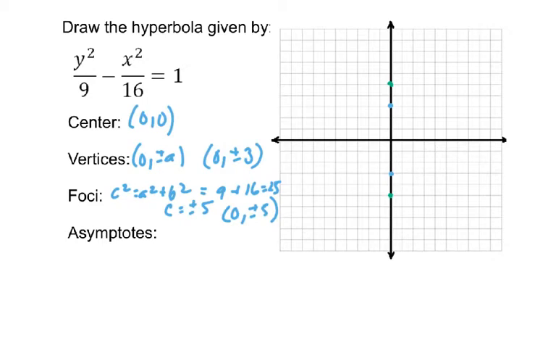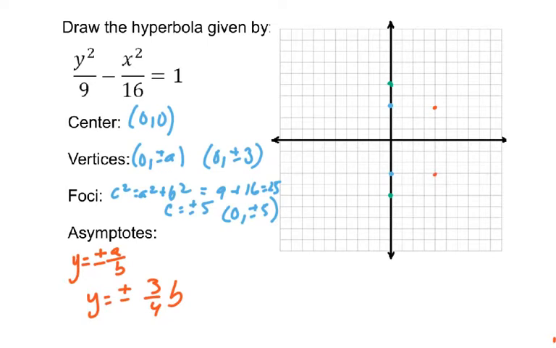And then we know our asymptotes are going to be y equals plus or minus a over b x. So in this case, it's y equals plus or minus 3/4 x. That's a line that has a y-intercept of 0 and a slope of positive 3/4, and the other one has a slope of negative 3/4. So up 3, right 4, and then down 3, right 4.